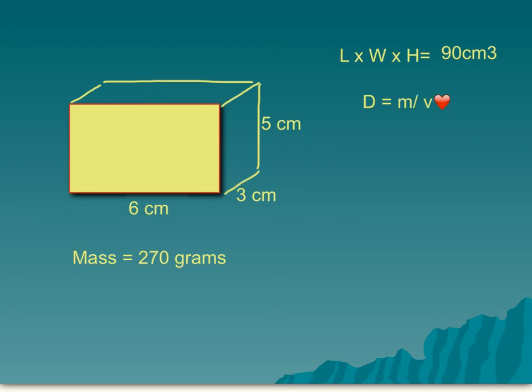Remember that density equals mass divided by volume, so let's plug in the information that we know. Here we have density equals 270 grams, which is our mass, divided by 90 centimeters cubed, which is our volume, which equals 3 grams per centimeter cubed. Remember, grams per centimeter cubed is our label for density.